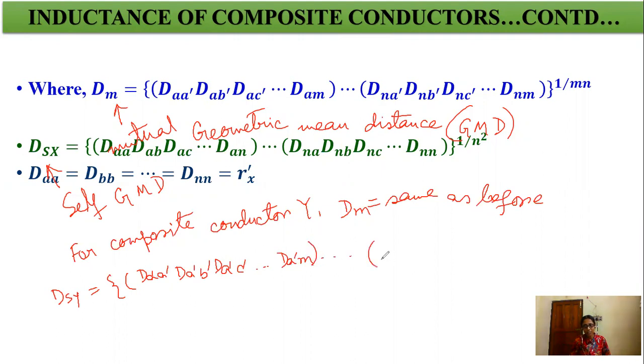The same thing will happen for all the strands of composite conductor Y, and the last product will be DM'A', DM'B', up to DM'M'. And here the root will be the m square root, the product of m into m terms, with the root of 1 by m square. Only the self portion differs, but the mutual portion is the same as before.